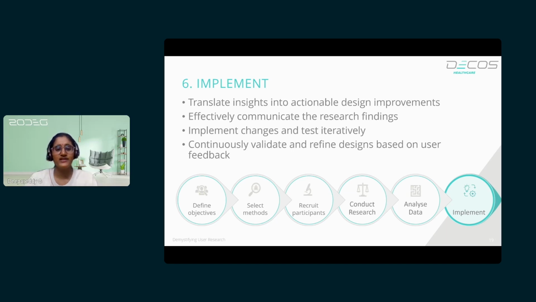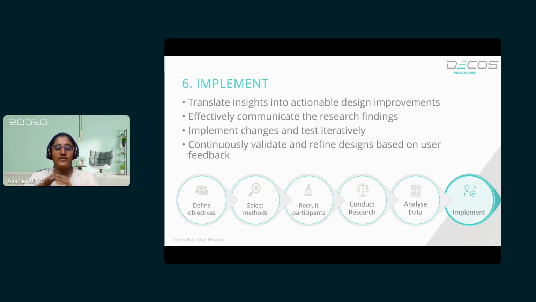This step will help us ensure that the changes are being addressed. It involves continuous refinement, continuously validating and refining designs based on user feedback. By following this structured user research method, each phase of user research becomes methodical and aligned with achieving a deeper understanding of user needs, including unmet needs.